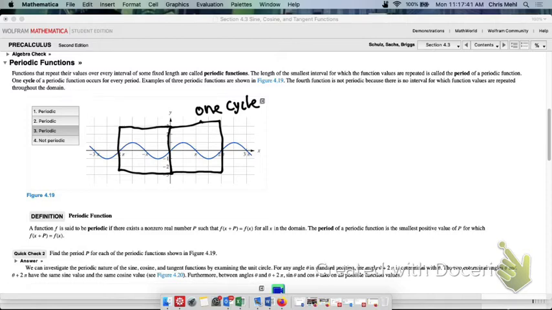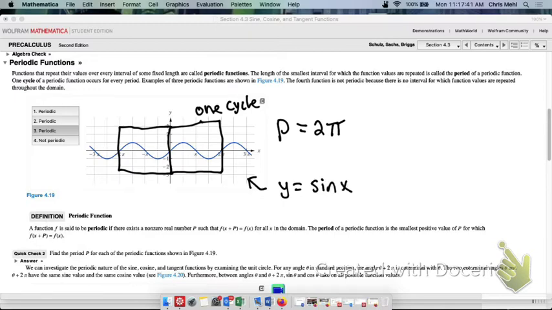You're just drawing copies of those cycles. And if you look at that first cycle that I boxed, that piece of the graph extends from x equals 0 to x equals 2 pi. So in this case, this would be a periodic function with period 2 pi. And of course, this is the graph of y equals sine of x.